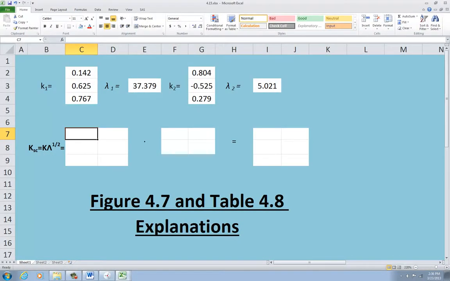So we're going to post-multiply K, which is the matrix of eigenvectors that we got, by lambda to the 1/2, the square root of the diagonal matrix of eigenvalues. So this normalizes the eigenvectors to their eigenvalues, as was done in creating factor loadings in factor analysis.